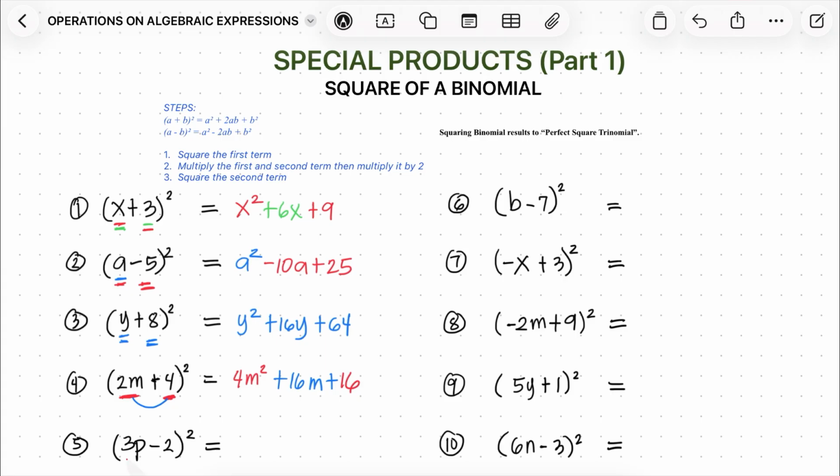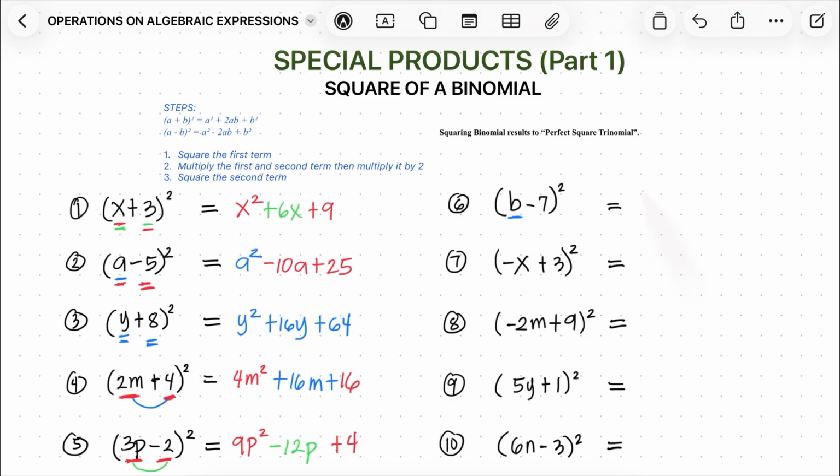Next, we have 3p times 3p, that's 9p squared. We have negative 2 times negative 2, that is positive 4. And then we have 3p times negative 2, that's negative 6p times 2, that is negative 12p. Okay, next we have b minus 7 squared.